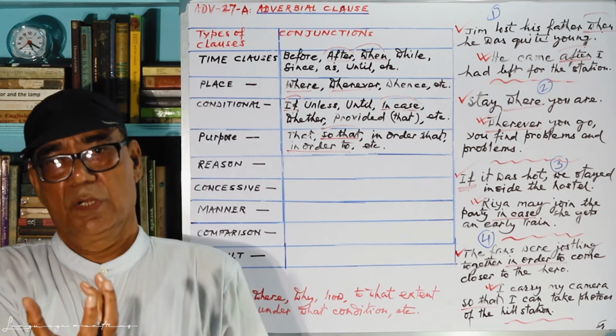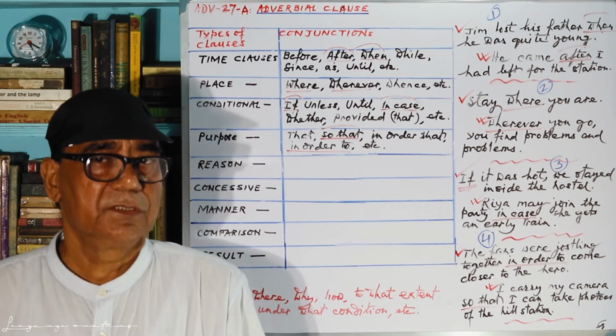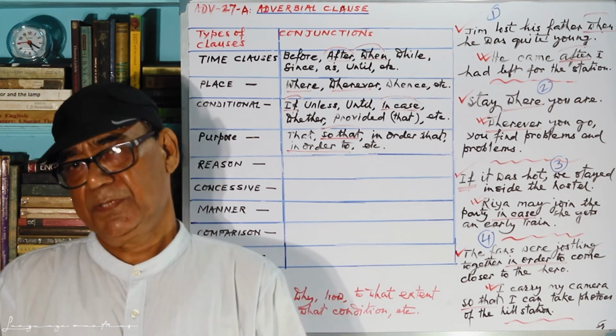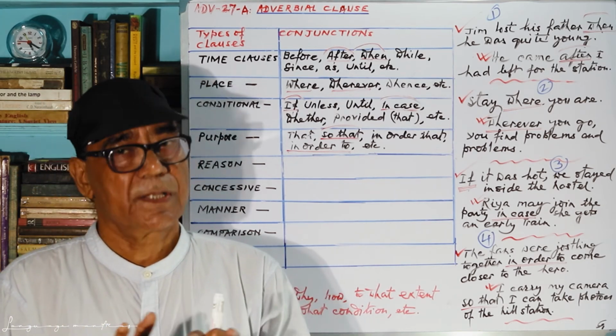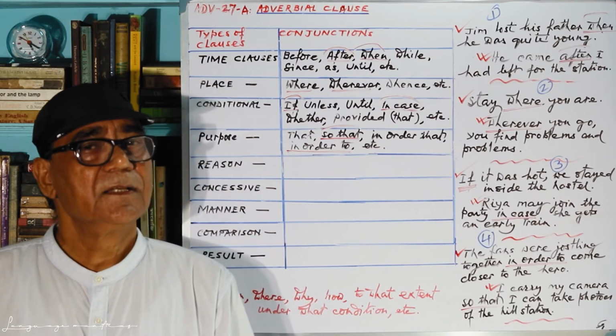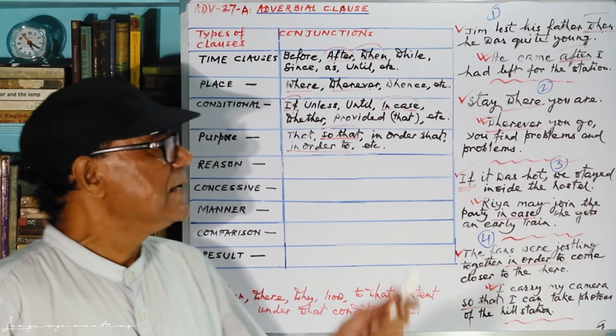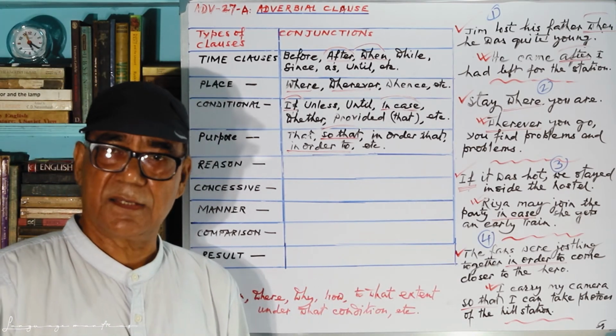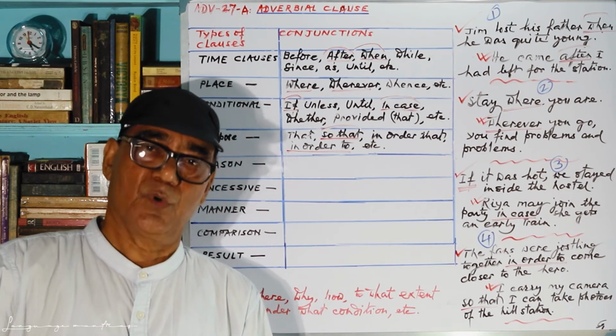There is only one word. Can it be a principal clause? Yes, it can. Because this is an imperative sentence. Imperative sentence actually does not require subject part. Go there. Come. These are imperative sentences. That way, stay. Where shall I stay? Where you are. That means you stay there where you are.